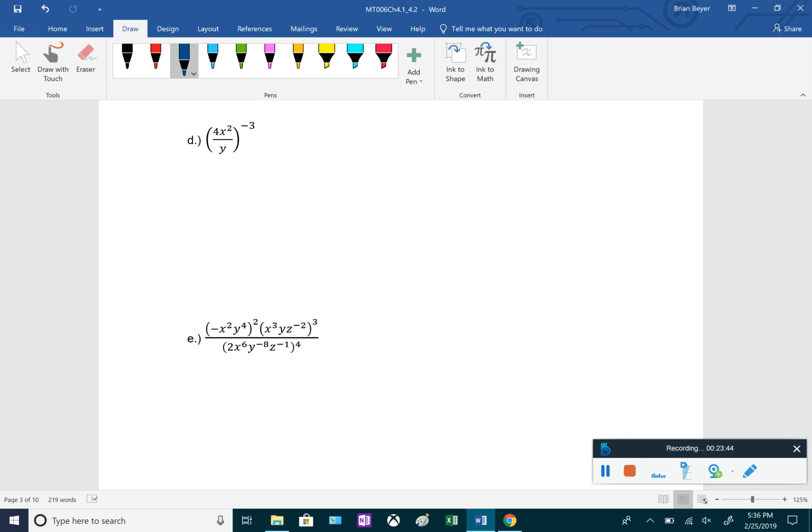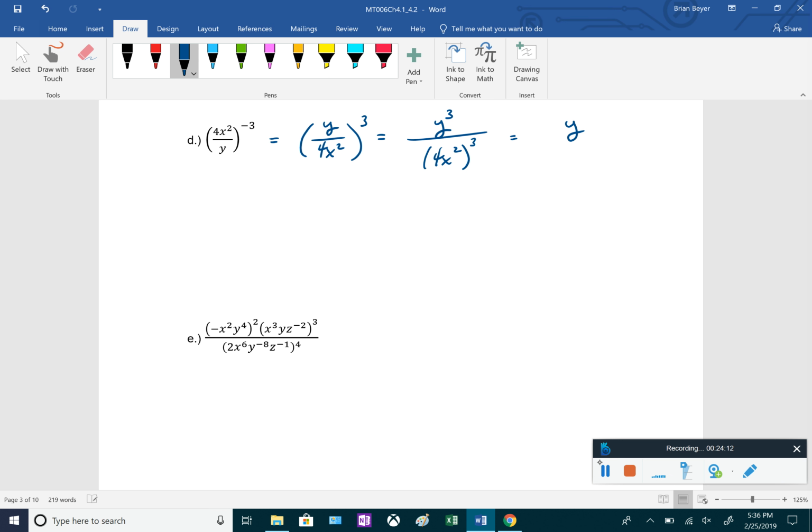Okay, I think we have 3 more left here. So 4x squared over y, all to the negative 3. So remember, if you have a fraction to a negative exponent, just reciprocate that fraction and make the exponent positive. So now we have a fraction to an exponent. Let's give the numerator the exponent and the denominator.